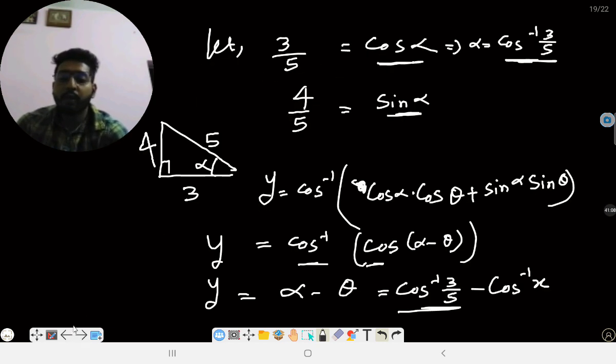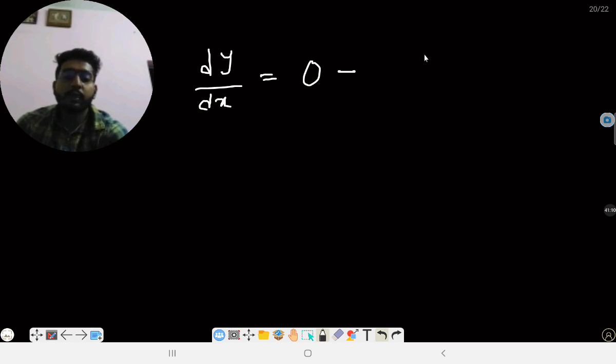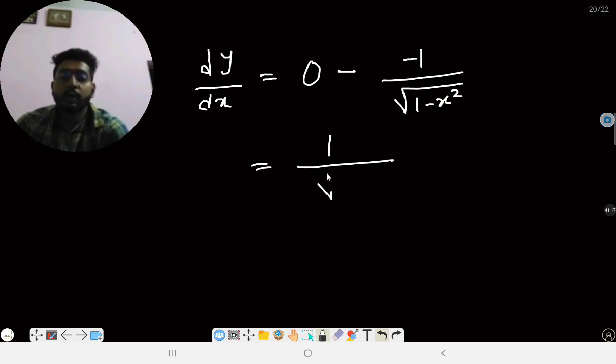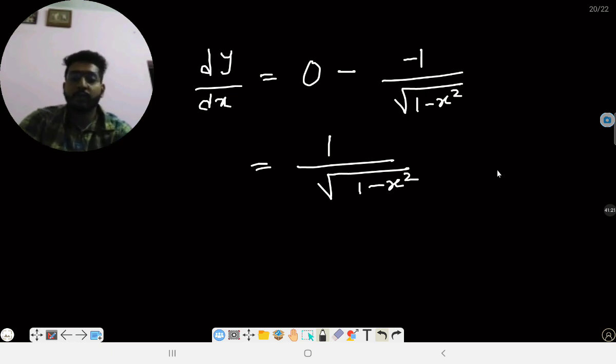Minus the derivative of cos inverse x, which is minus 1 by root over 1 minus x square. So that will be 1 by root over 1 minus x square. That is a way to solve this type of problem using substitution.